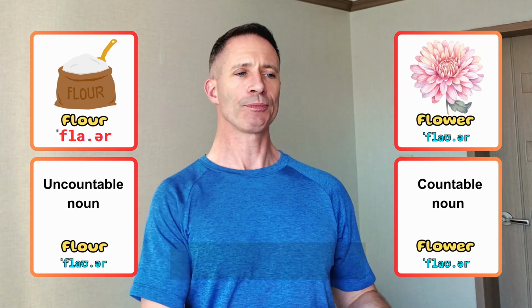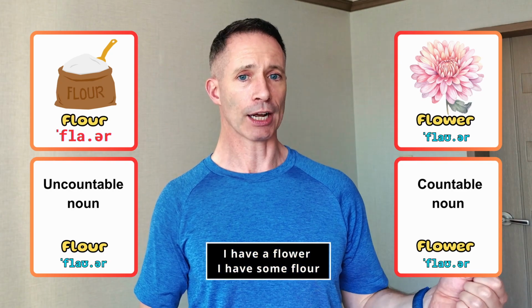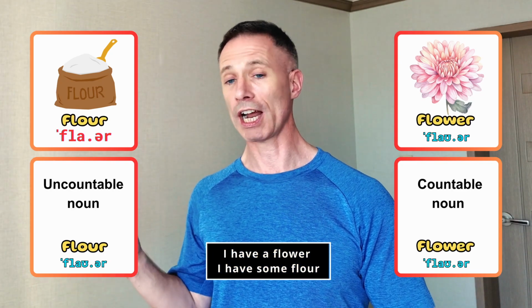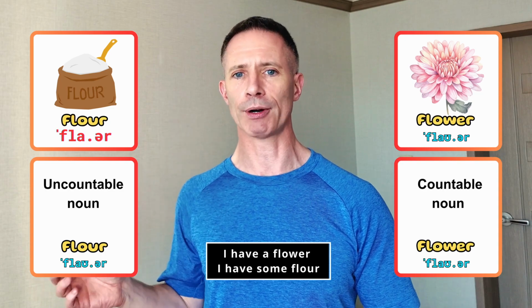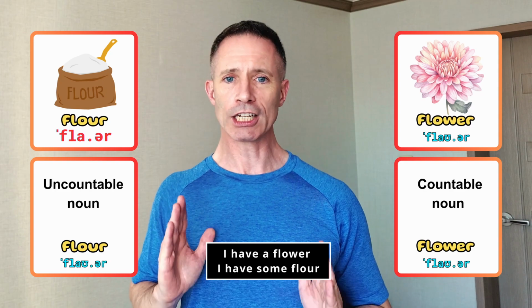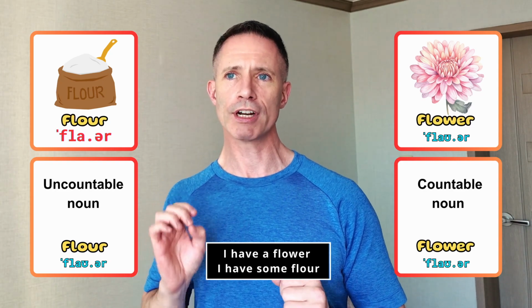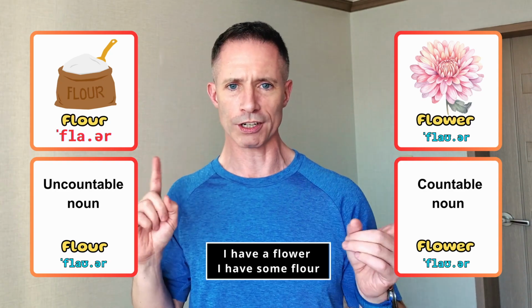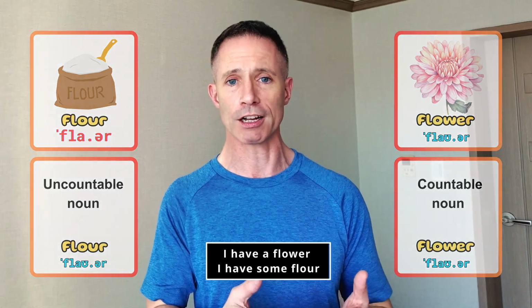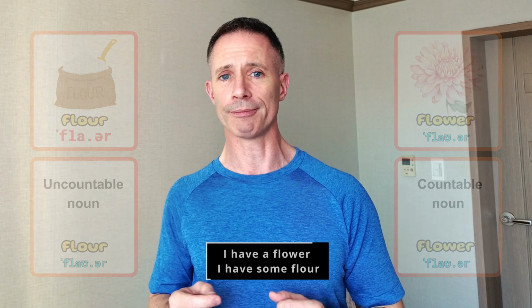So you can say, I have a flower, I have flour, or actually, I have some flour. Okay? You can say both actually. So in context, if you're trying to pick out those words in a conversation and the speaker is speaking very fast, then that's how you could do that.